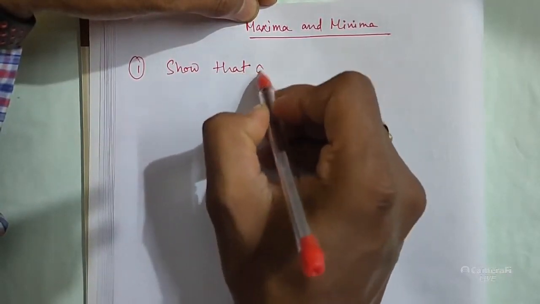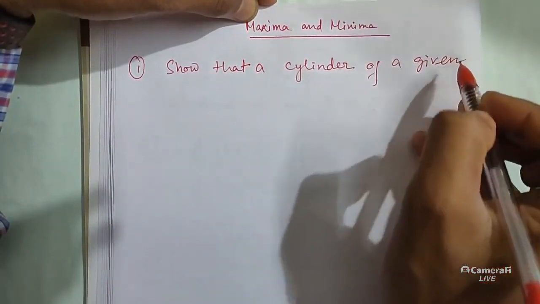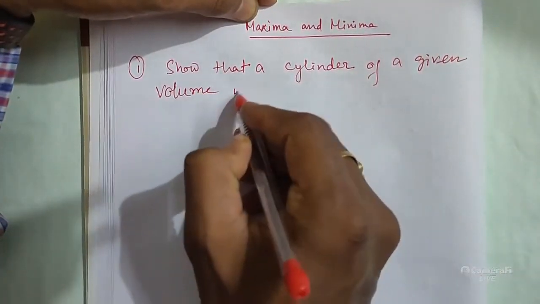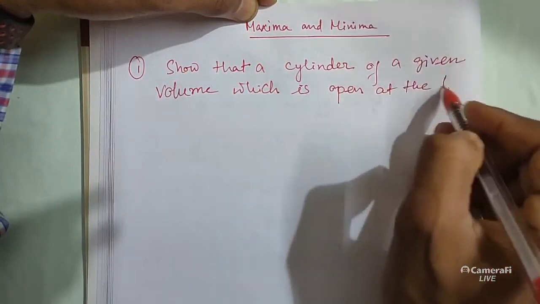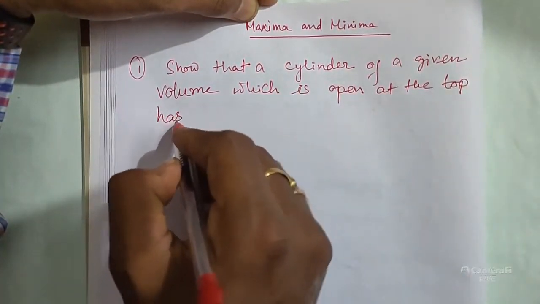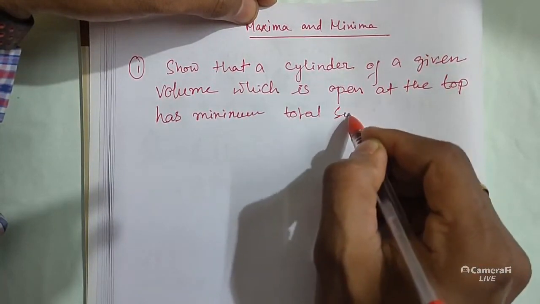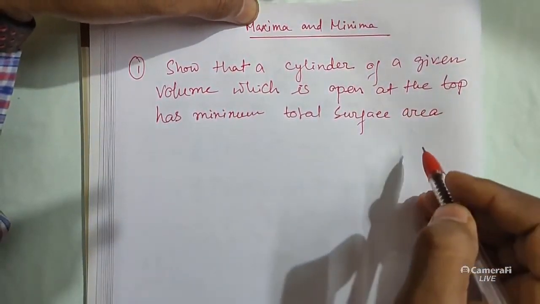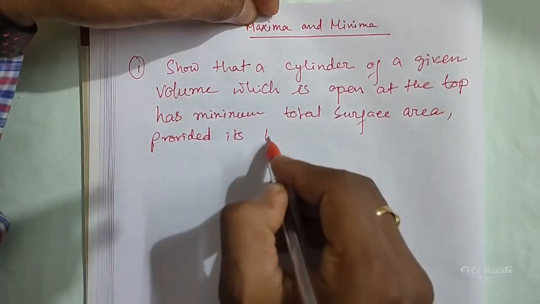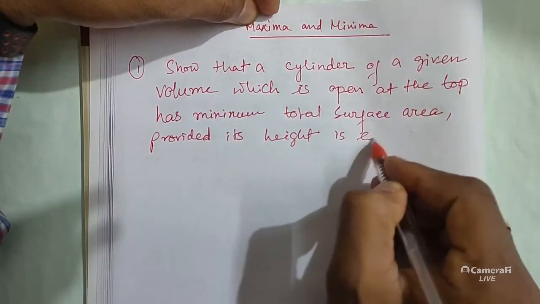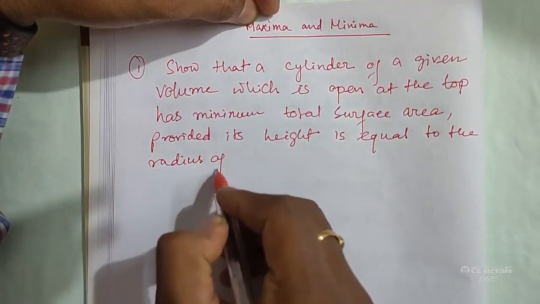So here the first question, it is given that a cylinder of a given volume which is open at the top has minimum total surface area provided its height is equal to the radius of its base.